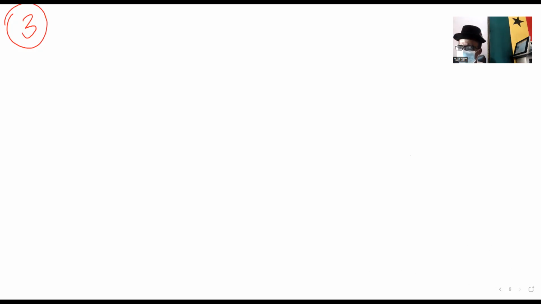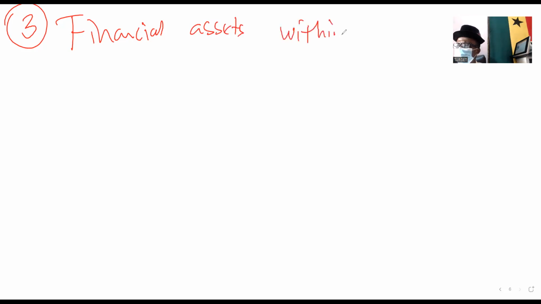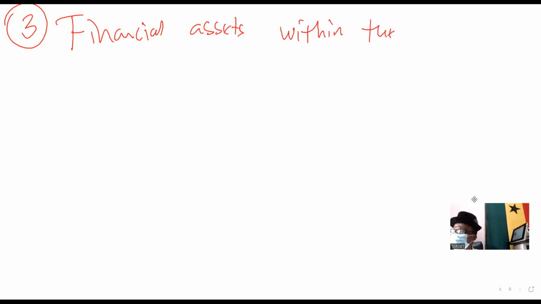The third one that we'll talk about is financial assets within the scope of IFRS 9. All financial assets. So take notice, financial assets within the scope of IFRS 9.